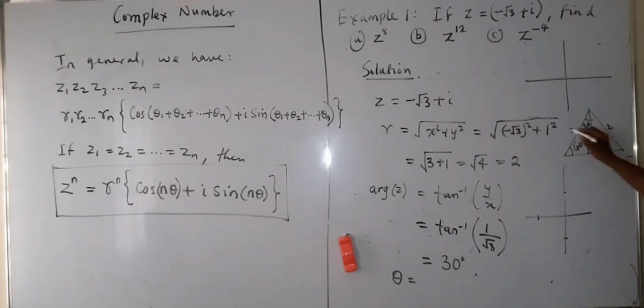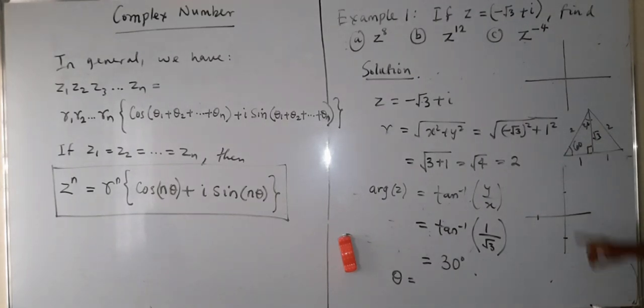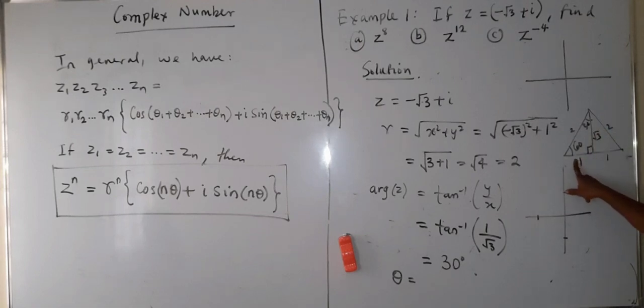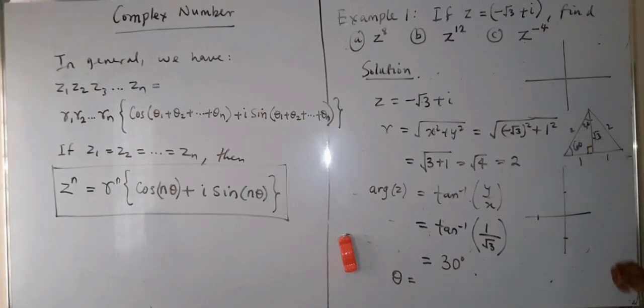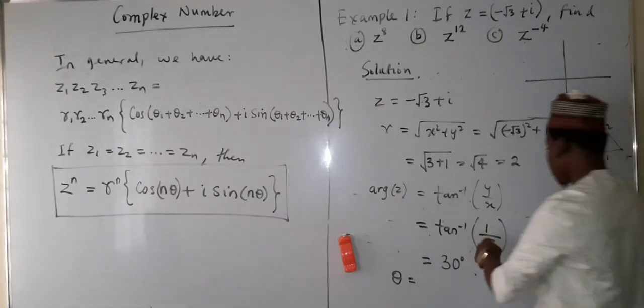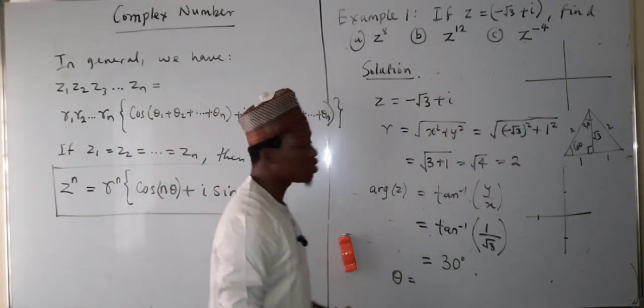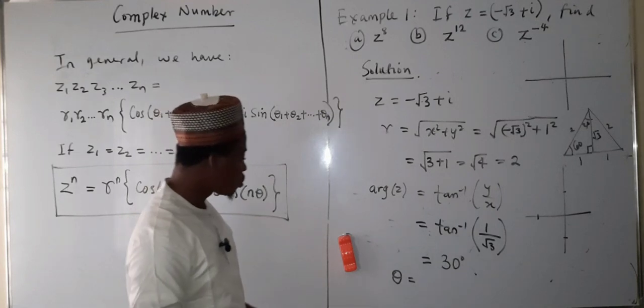So here is 2, 2, 1, 1. This is root 3, right? So this is opposite over adjacent. That's 60. Then this is 1 over root 3, opposite all over adjacent. So tan inverse of 1 over root 3 is 30 degrees. Right? Good.